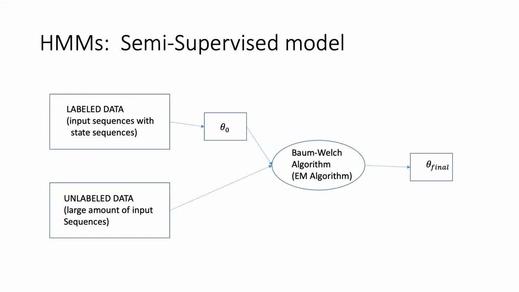Let's see how to do this for semi-supervised learning. Let's say some data is labeled. Then we can get the initial estimate using the supervised approach, and from the unlabeled data, we can use the EM algorithm to estimate the maximum likelihood in an iterative approach.